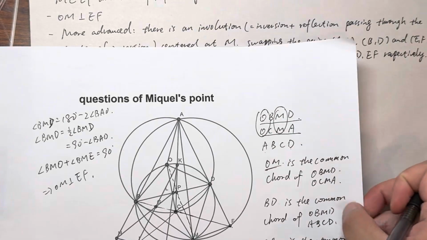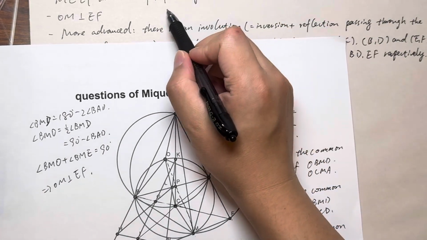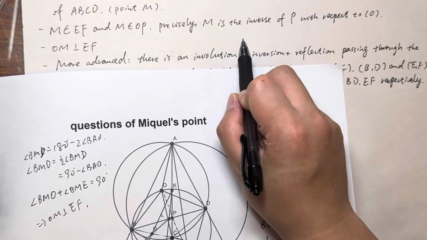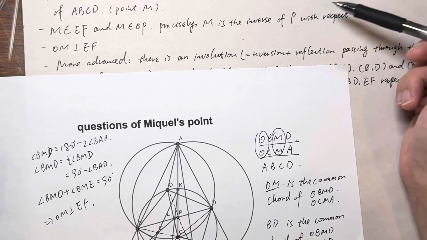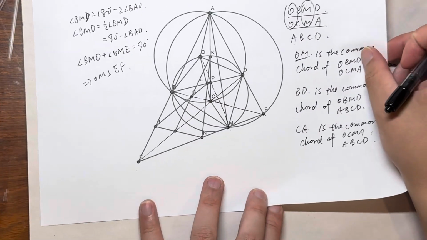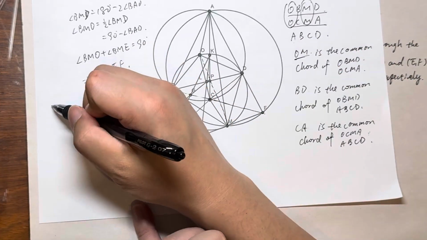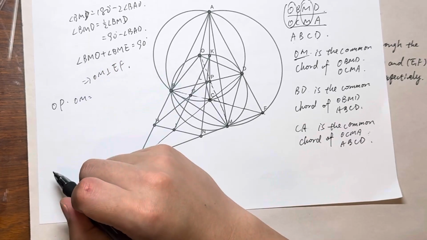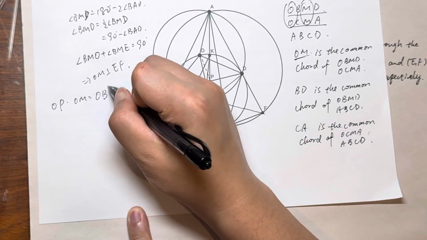And by the way, here we want to also prove that M is the inverse of P with respect to O, which means we want to prove that OP times OM equals OB squared.